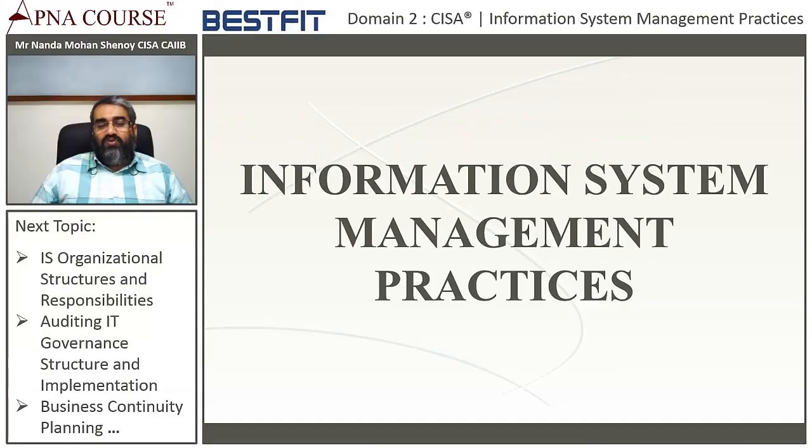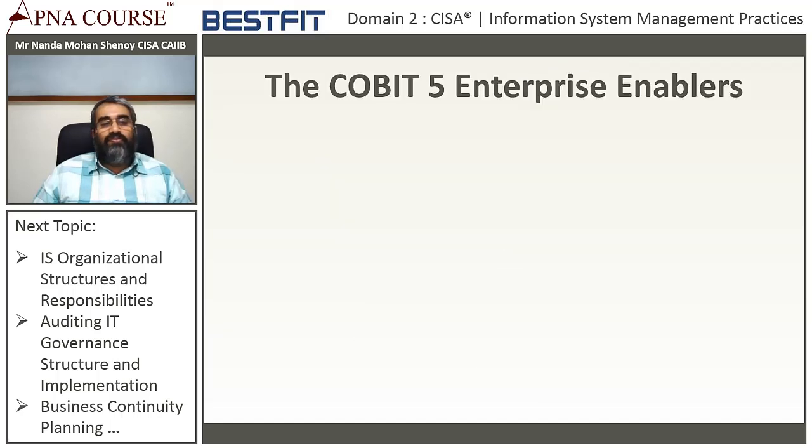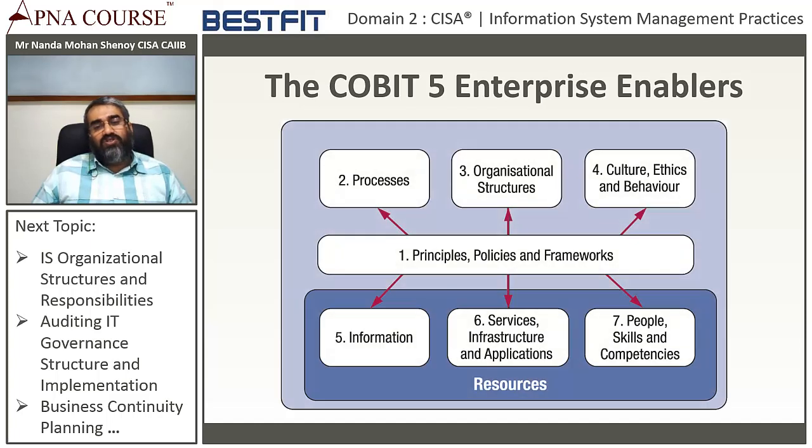The next domain which we talk about is information system management practices. So again, when we look at COBIT 5 enterprise enablers, we are looking at, to reiterate, principles, policies and frameworks. Then we talk about processes. Then we talk about organizational structures.